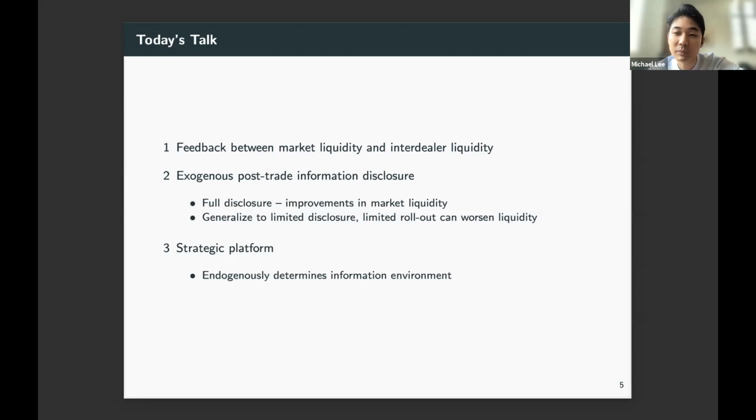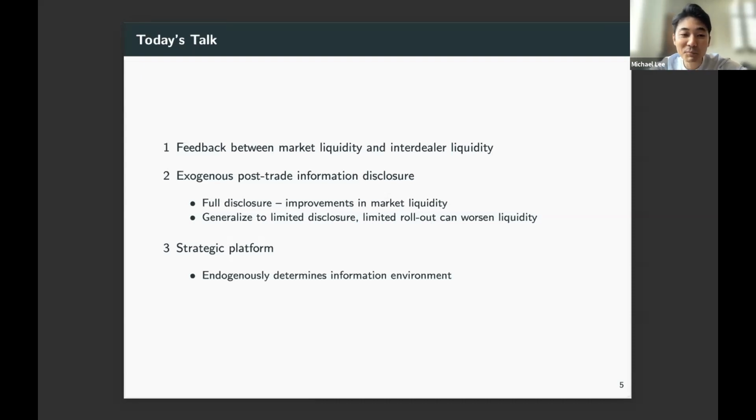Now, I'm going to speak a little bit more on that later on when we consider the strategic platform. And I agree that to a large extent, we do have something to say also about how we should be thinking about the way in which platforms and exchanges are setting their prices for the timely access to these data feeds.